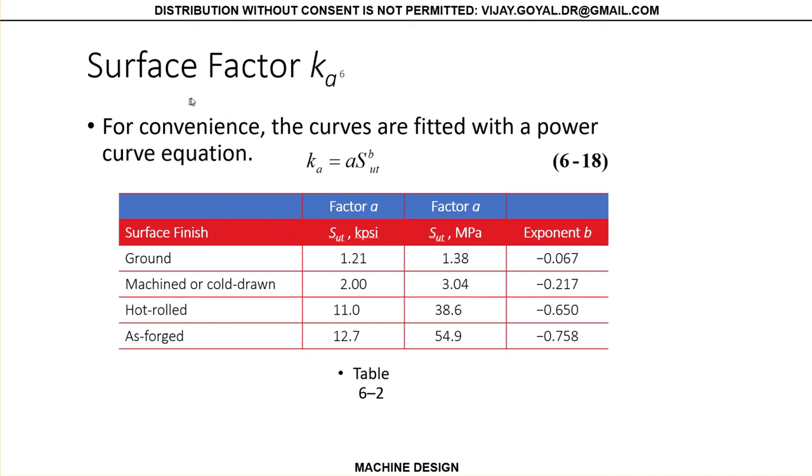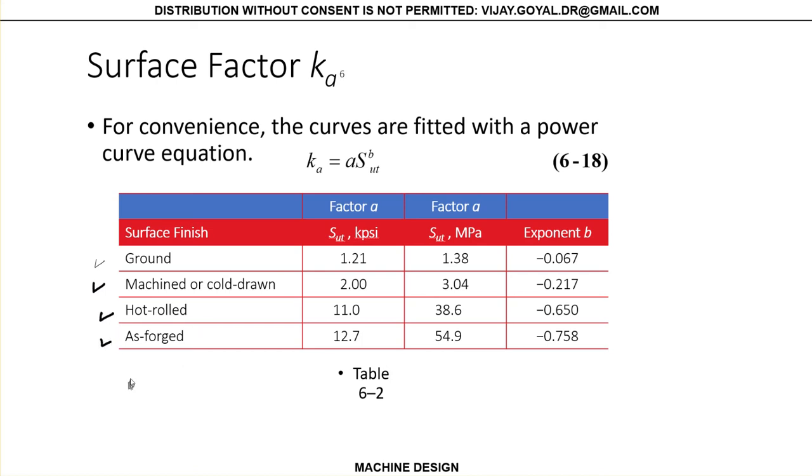First one is the surface factor. The surface factor is very easy. This is exponent b, and this is factor a. This is going to depend on if you are working in ksi or psi. So it all depends if it is a ground finish, machined or cold drawn, hot rolled, or as forged.